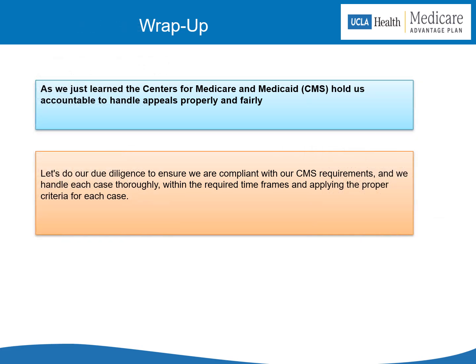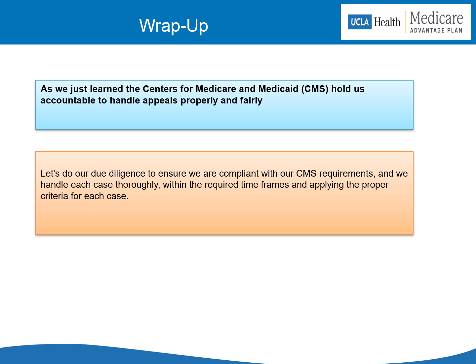Finally, wrap up. We just learned what the Centers for Medicare and Medicaid, CMS, expect from us. From when we receive the appeal, how we handle an expedited case, a standard case, when we can validate a timely filing, when we can do a good cause, how to execute our letters, what they want on our letters, when we can dismiss, when we can withdraw. We learned about our reviewers and what they expect from us.